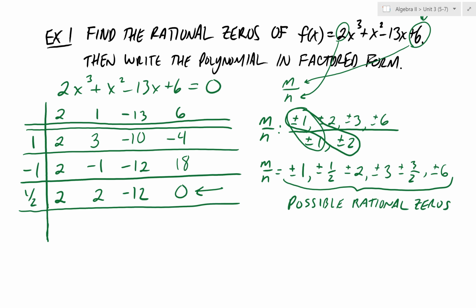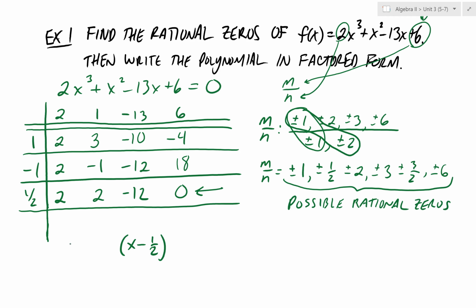Okay? So now we found a root, which means we also found a factor, sort of. The reason I say sort of is because the factor associated with 1/2 is x minus 1/2. If we were factoring a polynomial, we wouldn't usually end up with fractions like that, but it'll work out in the end. We'll see that in just a minute.